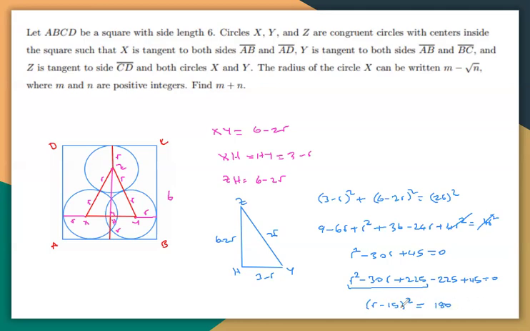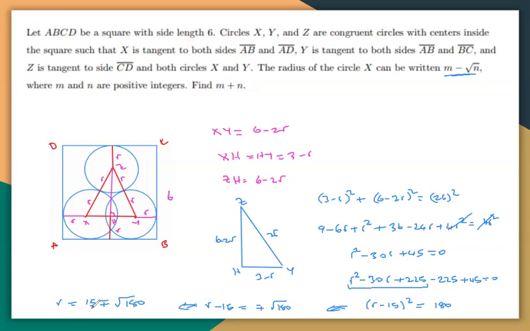Now what we want is just R, so we can take the square root. R minus 15 is equal to plus or minus root 180. If you add 15 to both sides, R would be 15 minus or plus root 180. We have to be careful, since we are told the radius can be written as m minus root n, where m and n are positive integers, we have to take this.